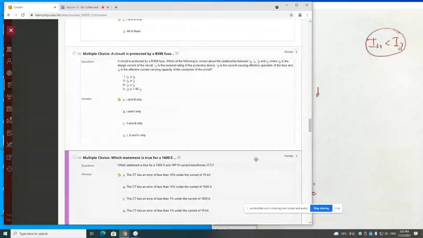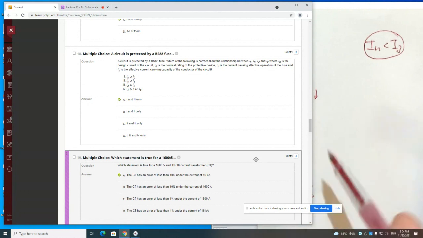Okay. 18. A circuit is protected by a fuse. Which formula is correct, about the relationships between IB, IN, I2 and IZ?